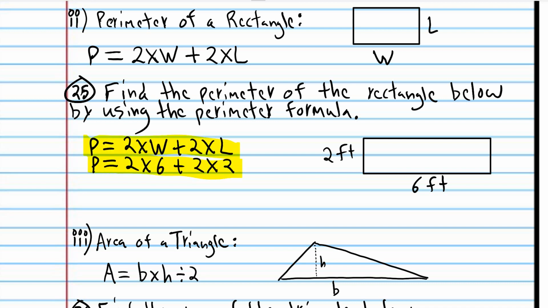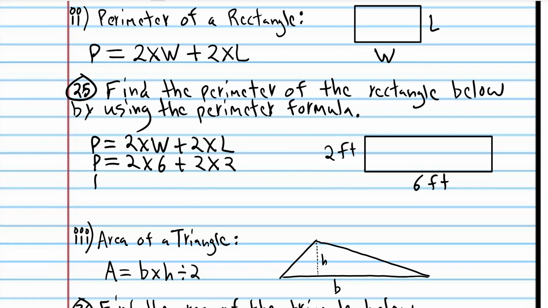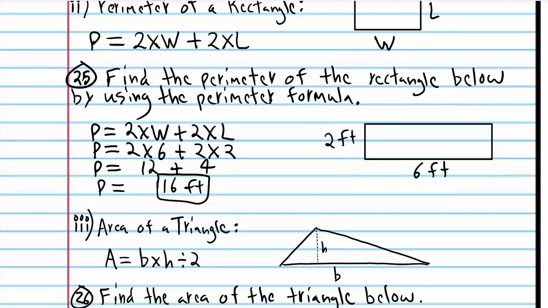We plugged in the numbers. And now we're going to evaluate by performing the order of operations. Order of operations tells us to multiply first, and I'm going to go ahead and do 2 steps at once here. So we multiplied first. Then we're going to add them together to get 16. And if you wrote 16 as your final answer, you'll get 1 point taken off because you have to write FT for feet. Always write your units.